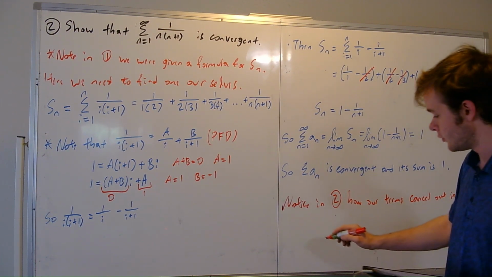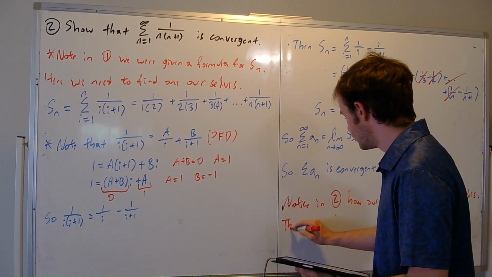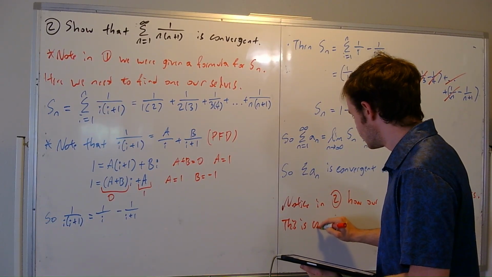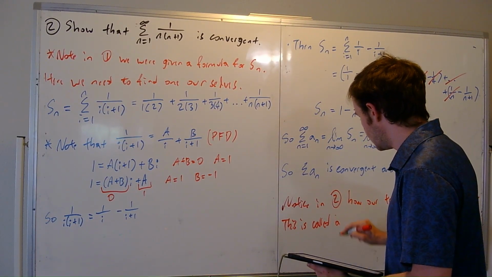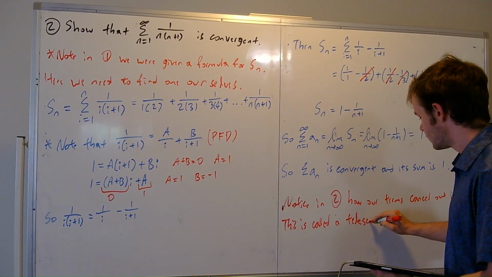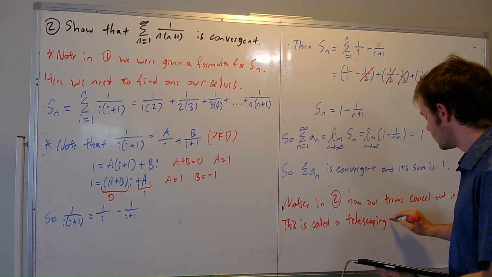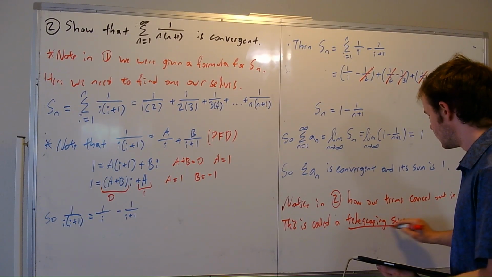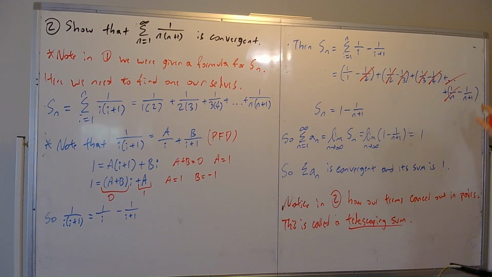We actually have a name for this. This is called a telescoping sum. Right, so whenever you get things canceling out in pairs like that, we're going to call that a telescoping sum.